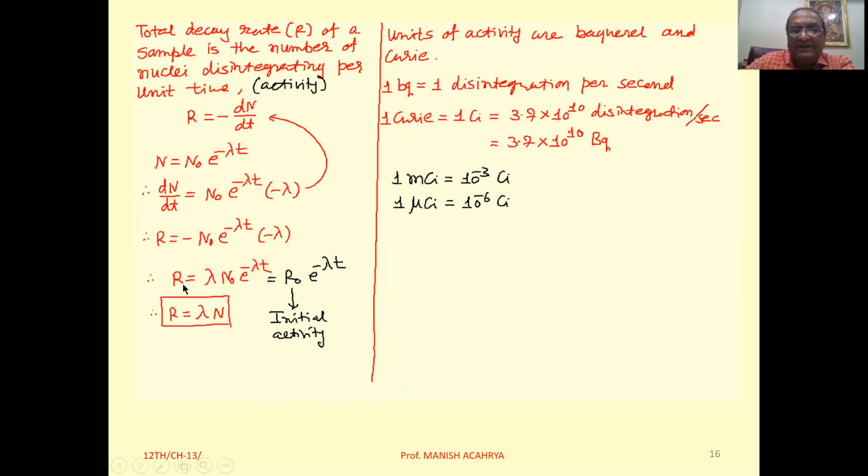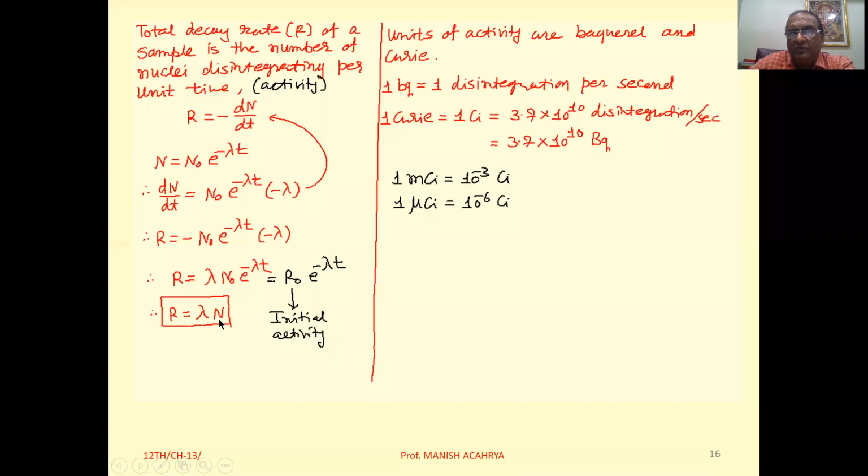So R equals lambda N0 e raised to minus lambda t. But since N equals N0 e raised to minus lambda t, we can replace N0 e raised to minus lambda t by N. So R equals lambda into N.